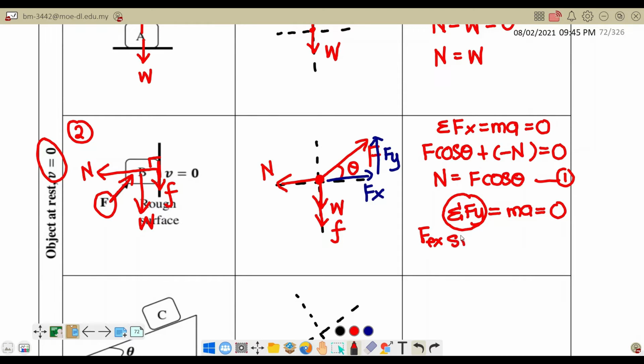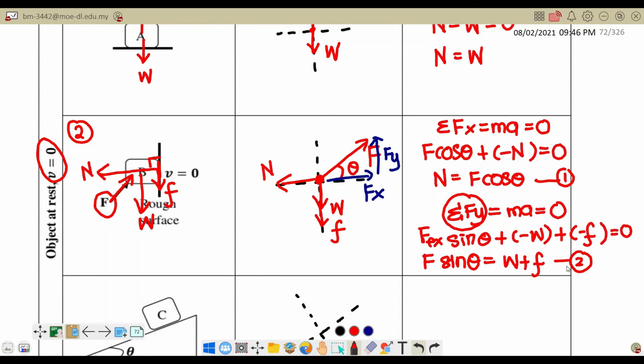So F external sine theta, plus negative weight, plus negative friction, because it's acting downward, equals 0. Therefore, we can write F external sine theta equals mg, the weight, plus the frictional force. This is our second equation. Later you can solve them simultaneously. Next one, question number 3.